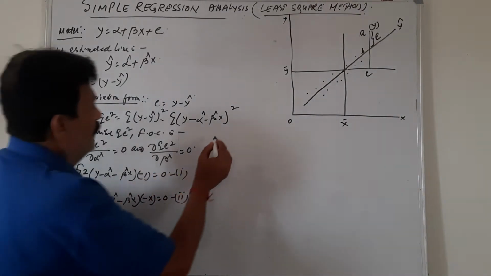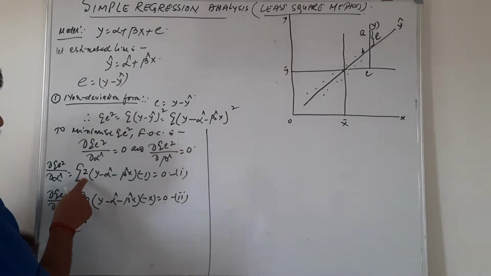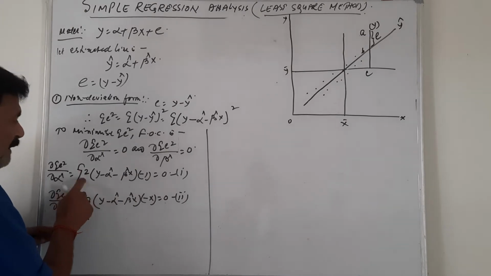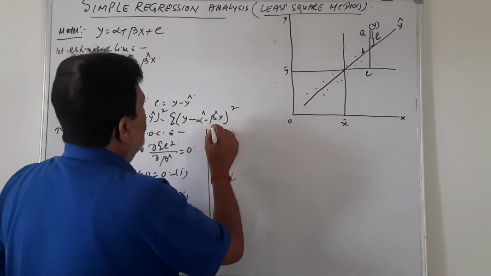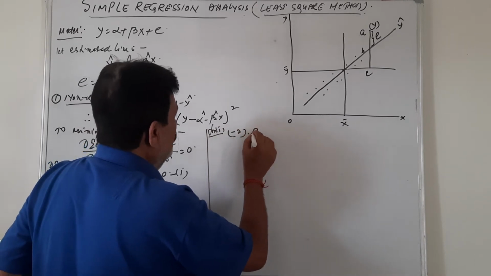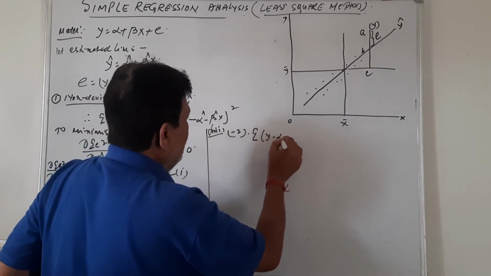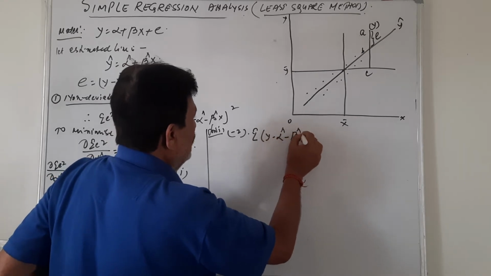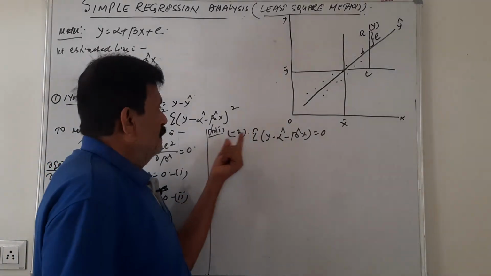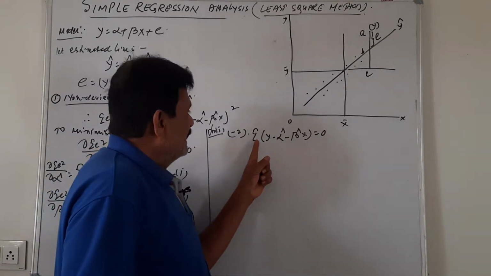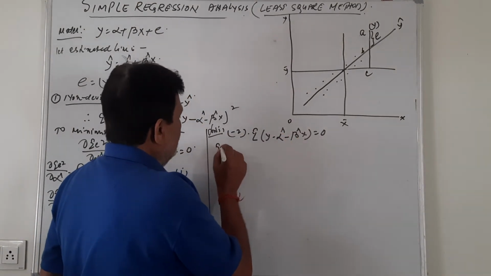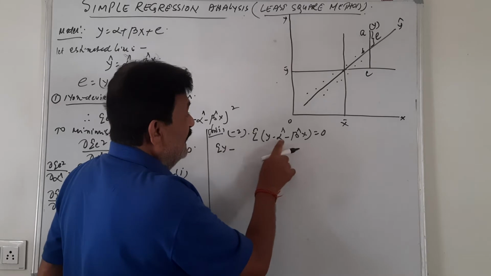Now from 1, the 2 and minus would not remain inside the summation sign, so minus 2 is taken outside. Then we have summation (y minus alpha cap minus beta cap x) equals 0. Inside one summation sign we have three terms, so let us separate them: summation y minus summation alpha cap minus beta cap summation x equals 0.